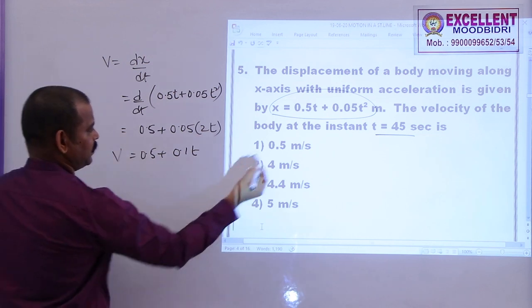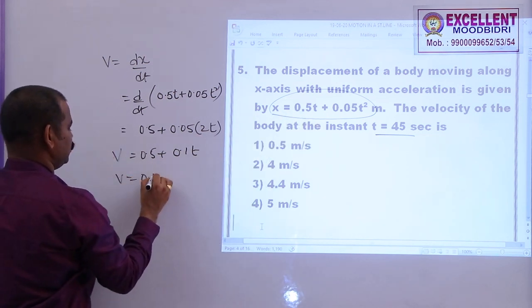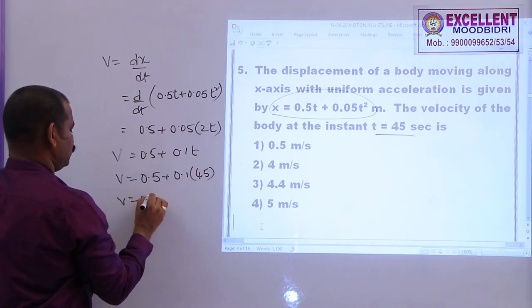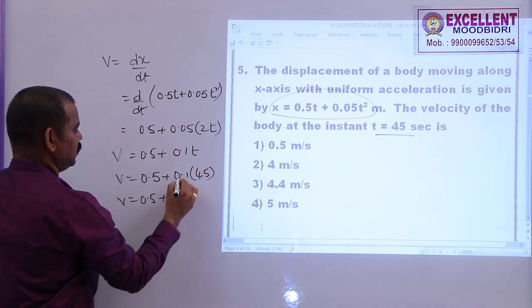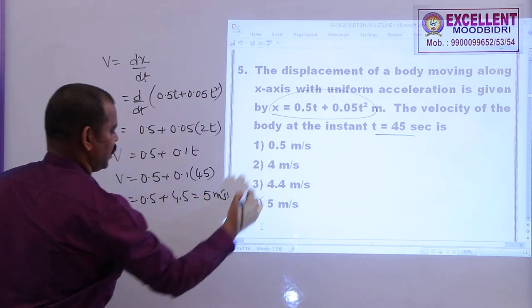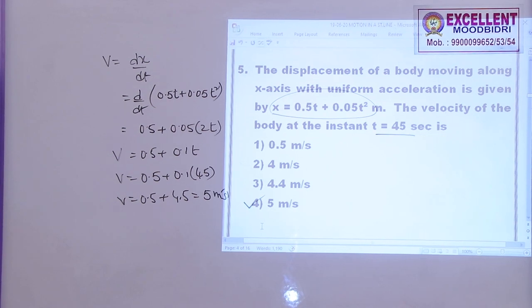This is the velocity, and time is 45 seconds. So v is equal to 0.5 plus 0.1 into 45, which is 0.5 plus 4.5. So the answer is 5 meter per second. Option 4 is correct.